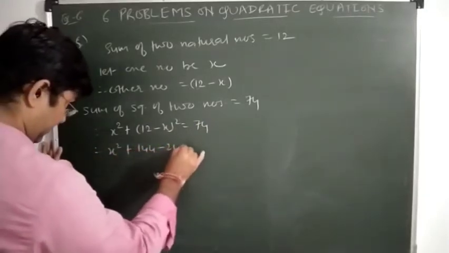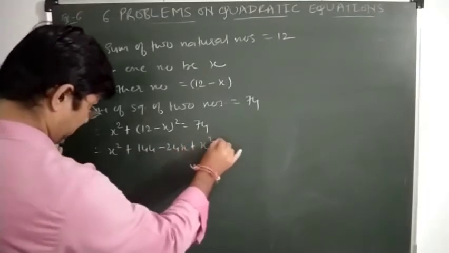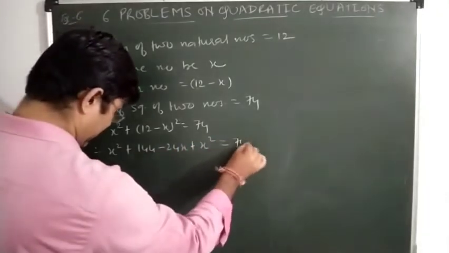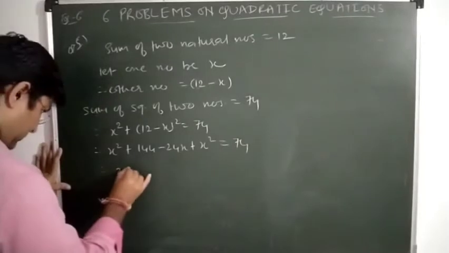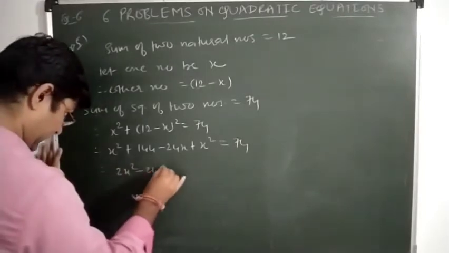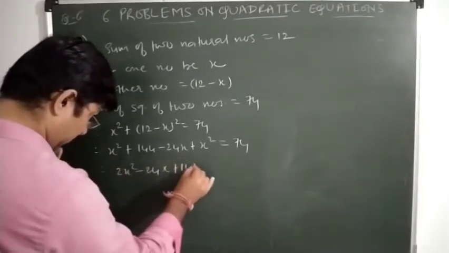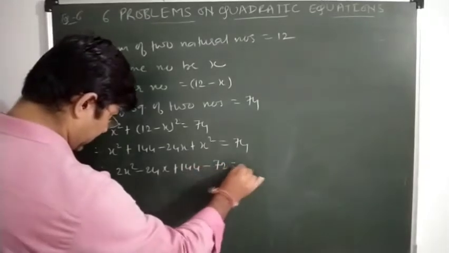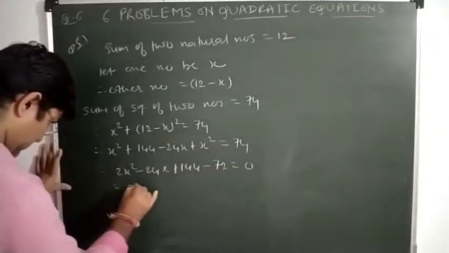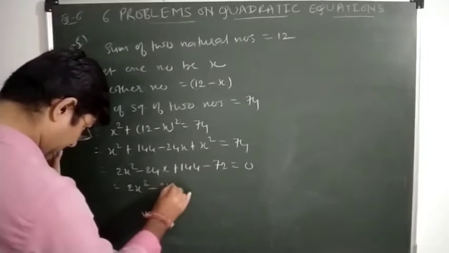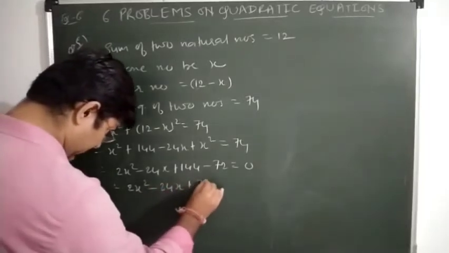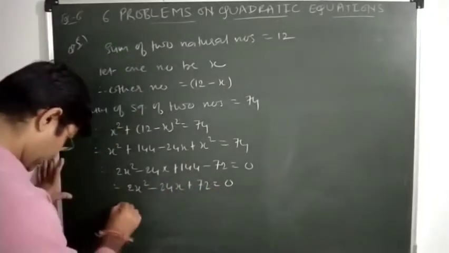144 minus 24x plus x square. Therefore 2x square minus 24x plus 144 minus 72. Therefore 2x square minus 24x plus 72.